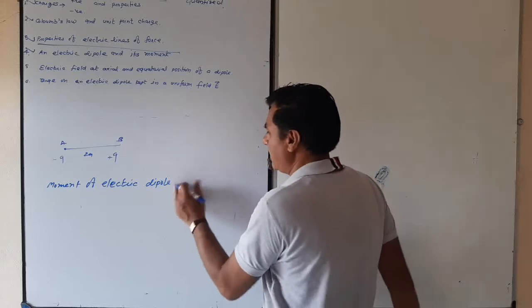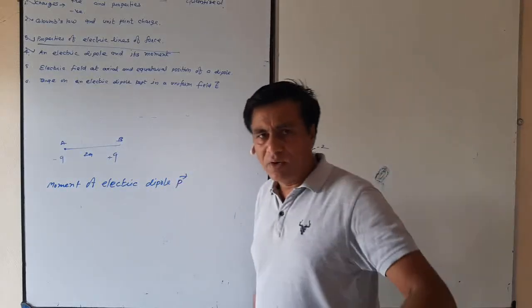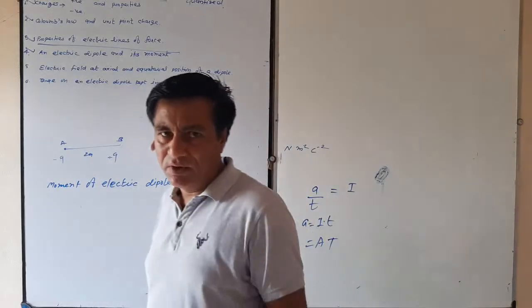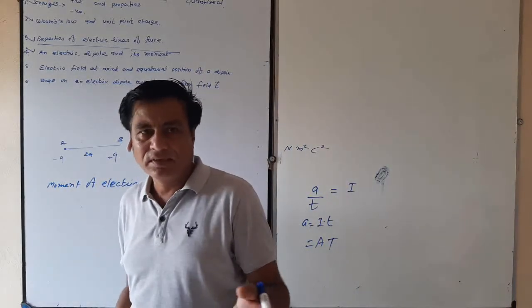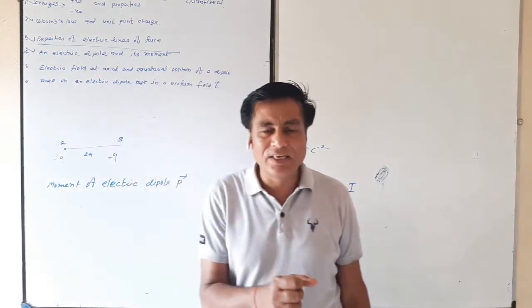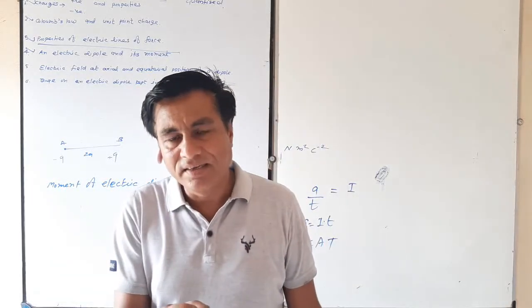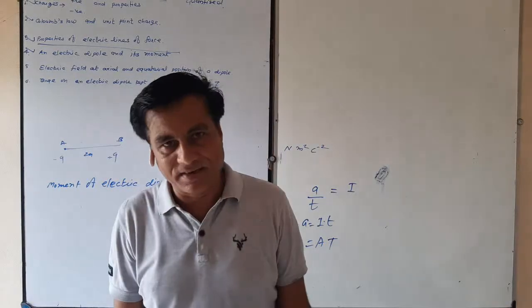It is indicated by vector P. So definitely in our rotational motion, we have seen torque. Yes, the handle at the door is kept at the border in order to increase the amount of torque.